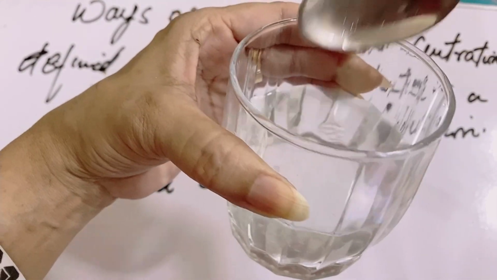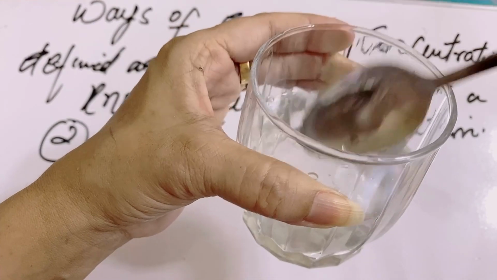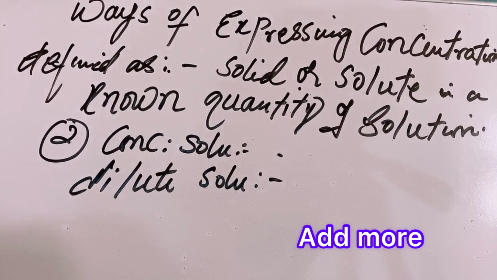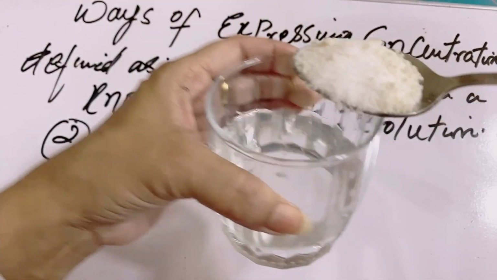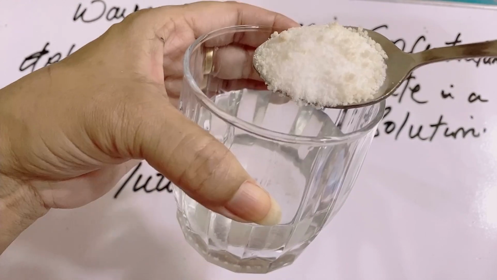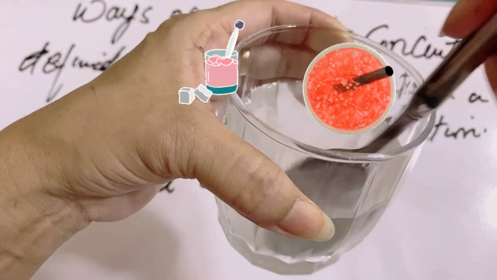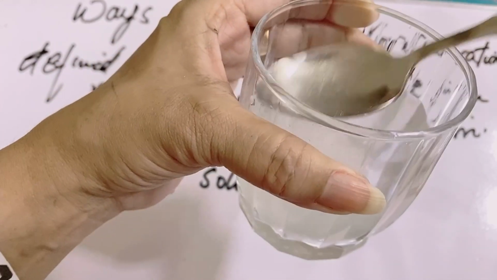So it's not at all a concentrated solution because I can't see any saturation there, right? So let's add more. Now again in the same glass, I'm going to add more of that same ORS powder, right? Everyone knows it's an oral electrolyte solution I'm making.